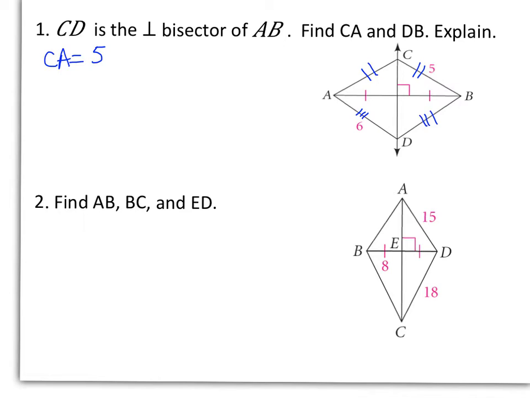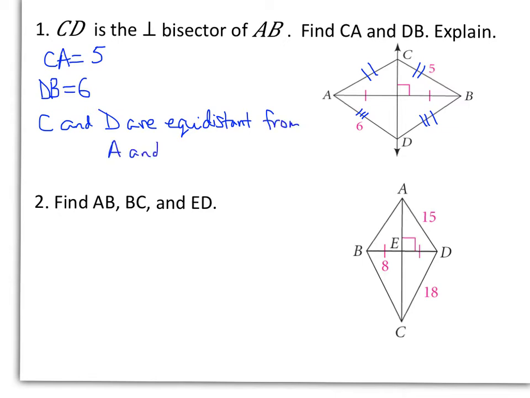So if AD is 6, then DB is 6. The reason I could find these so easily is because C and D are equidistant from points A and B. And we know that because we were told CD is a perpendicular bisector of AB.